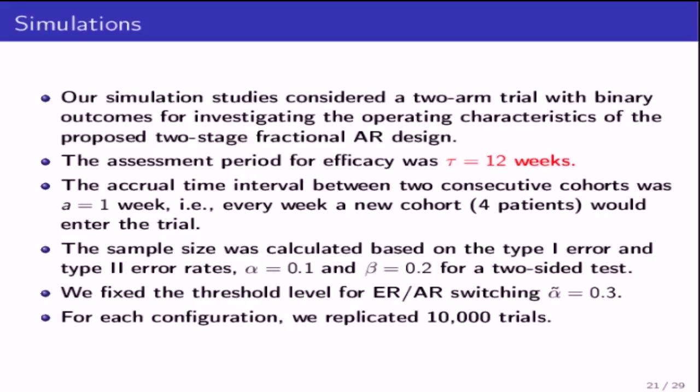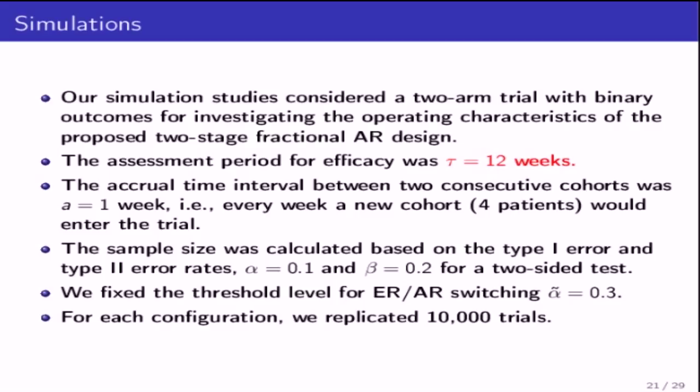So now let me show you some of the numerical study I have done. I'm going to consider a simple 2-arm trial with binary outcome, to investigate the 2-stage fractional AR design. The assessment period for efficacy is 12 weeks, tau equals 12 weeks.